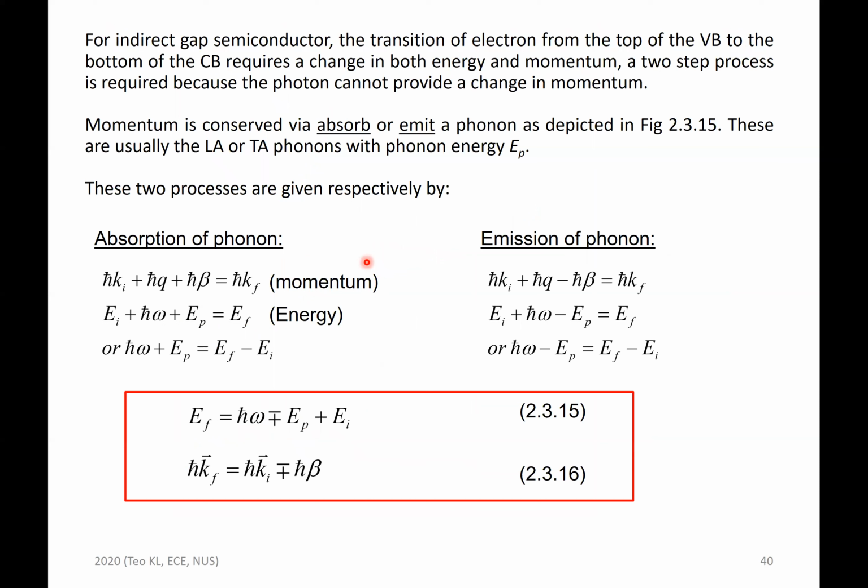So let us look at the analysis for these indirect gap semiconductors. The transition of the electron from the top of the valence band to the bottom of the conduction band requires a change in both energy and momentum. So as we discussed, it's a two-step process, either by absorption or by emission of a phonon, because the photon itself cannot provide the change in the momentum.